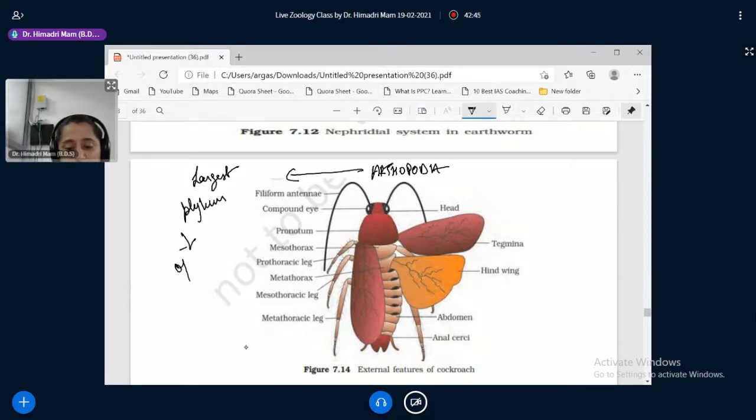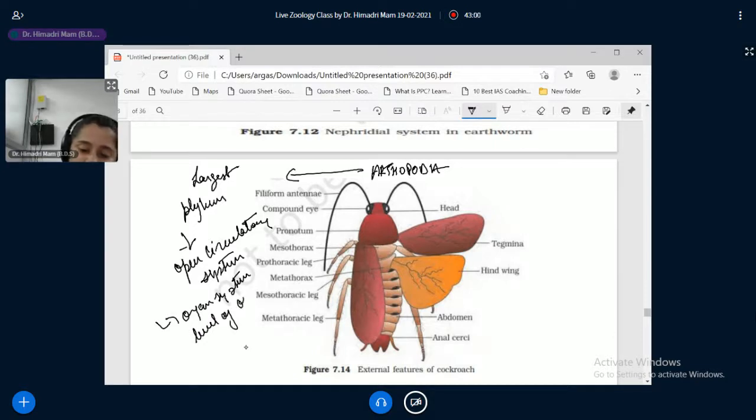That means they have the open circulatory system, the organ system level of organization, and they are triploblastic. Right. These are the general features which we have to talk about.